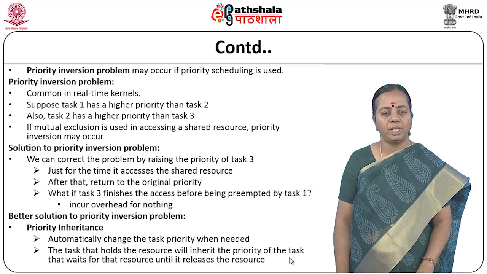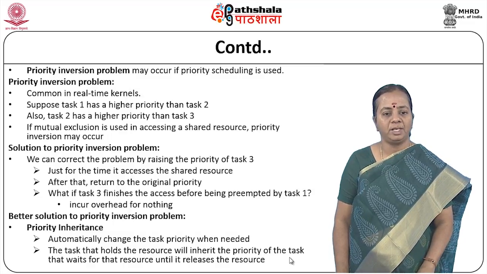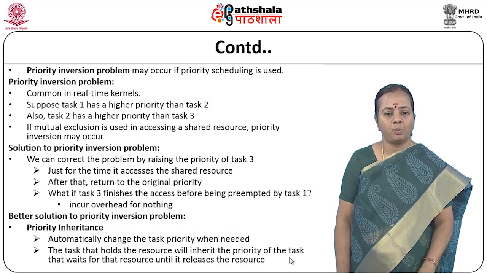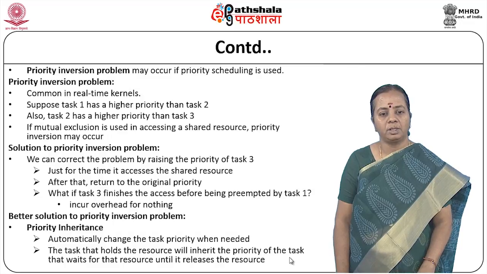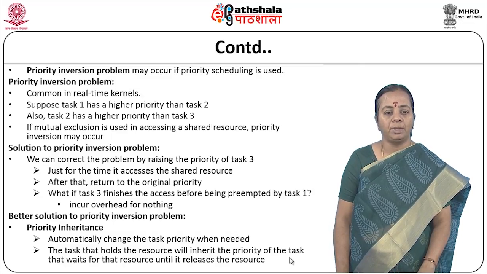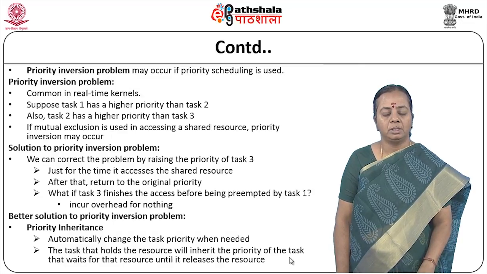After that, return the original priority. That means once that task is over, you resume the original priority of task 3. So if task 3 finishes the access before being preempted by task 1, then what will happen, and how will we look at that situation?